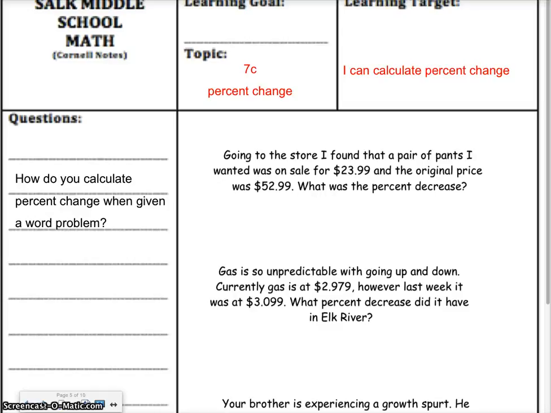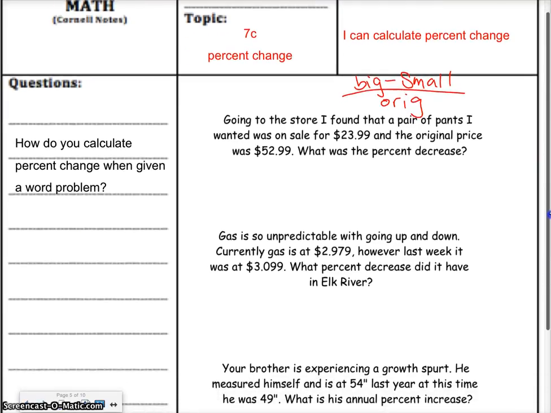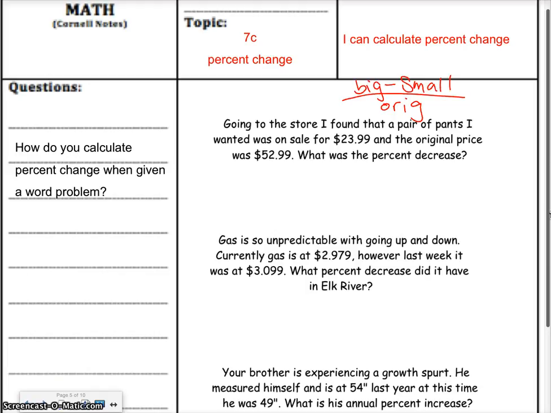What percent were they on sale? So I know that I go big number, take away the small number, over the original. ORIG, my abbreviation for original. Big number is $52.99. Take away the small number, $23.99.